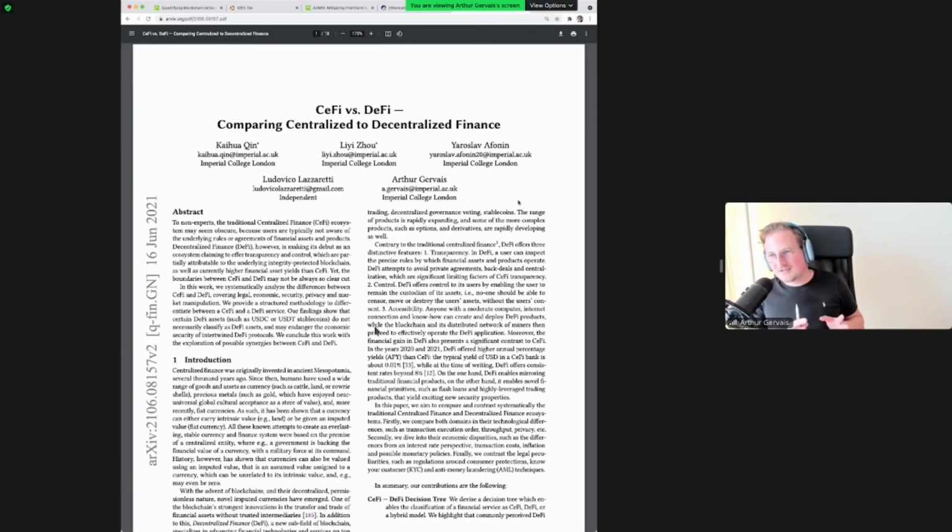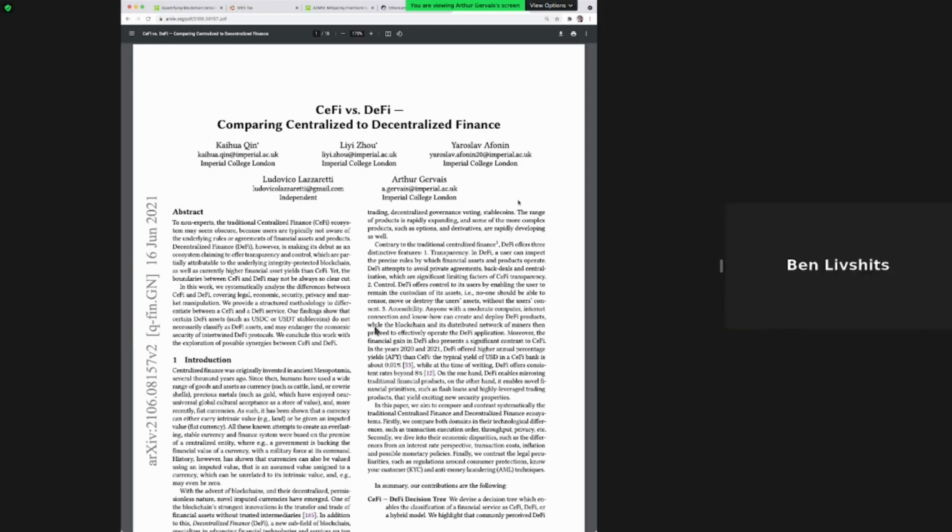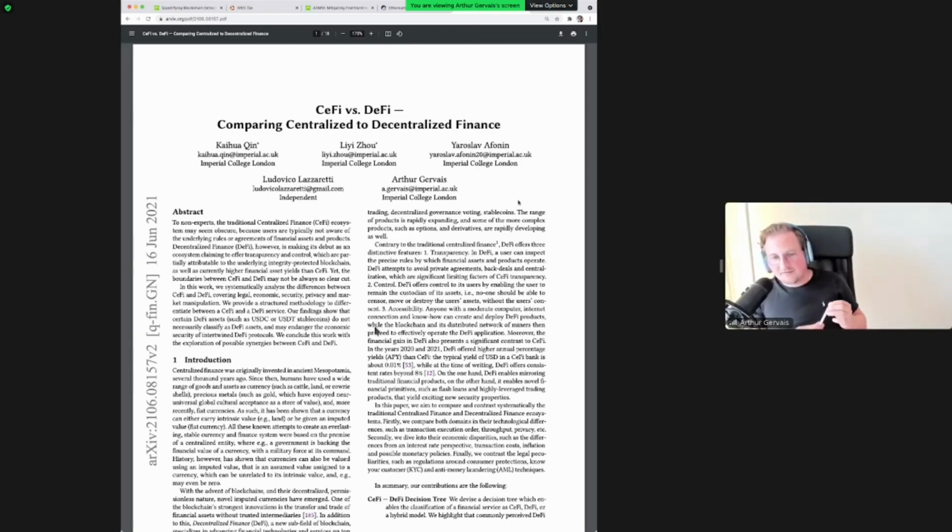I think synergies are really possible here, and I think the transparency that blockchain can provide will help traditional finance become maybe more transparent, whereas the regulation and user protection that traditional finance provides will hopefully somehow be translated to DeFi so that users get less defrauded. But who knows?